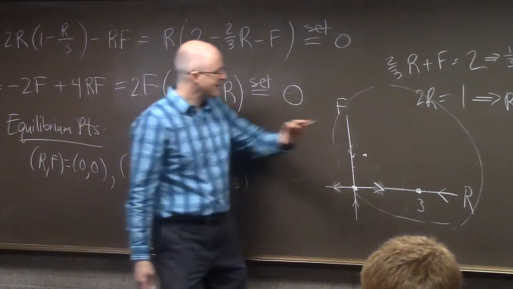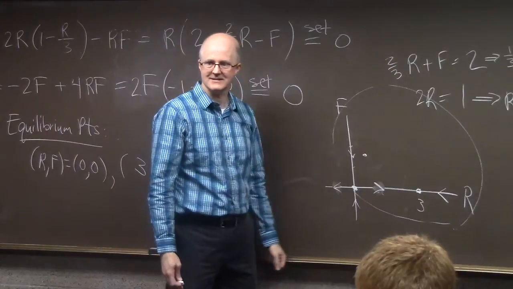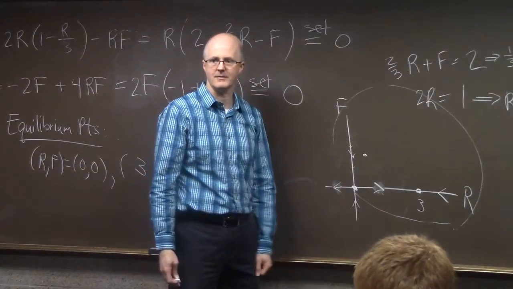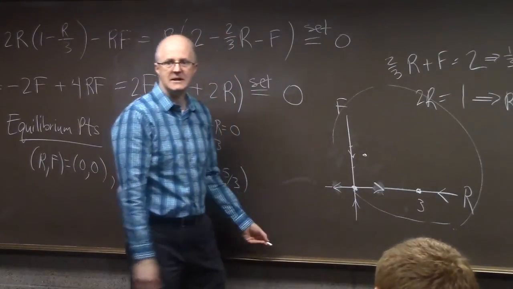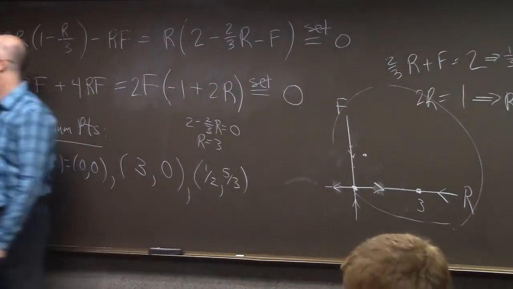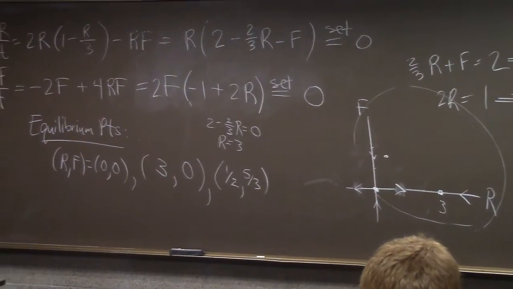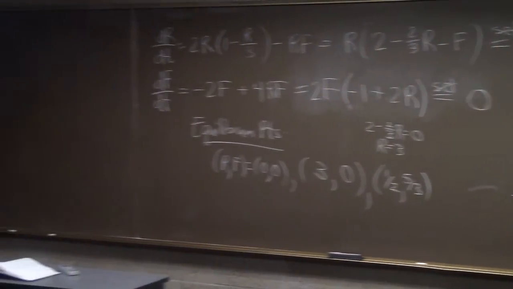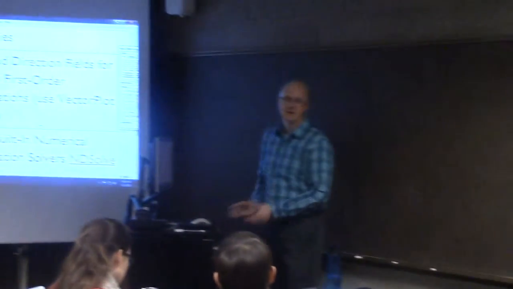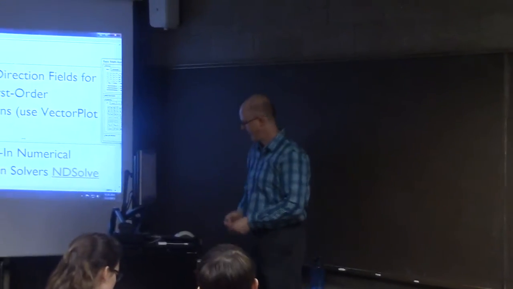What goes in the first quadrant but not on the axes, besides that equilibrium point there? And at this point we need to use technology. We don't have any other techniques besides using technology to help us visualize what's going to go on. So let's use Mathematica.